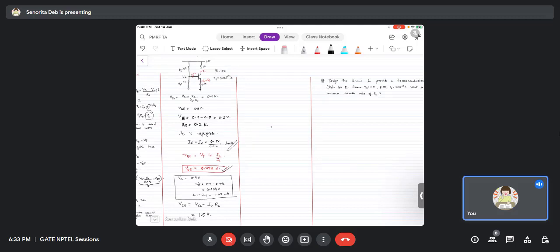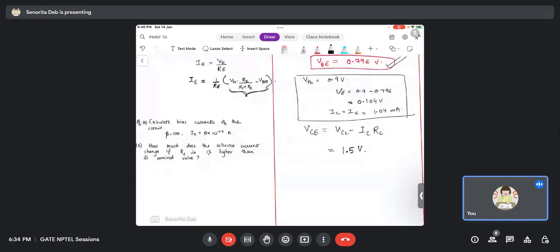Okay, so till now if it is done, then we will solve the second part of the question. The second part of the question was, how much does the collector current change if R2 is 1% higher than its nominal value? So now we will see what happens if R2 changes.